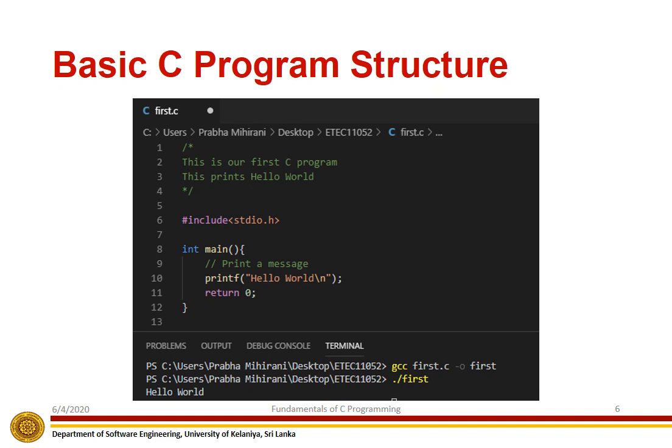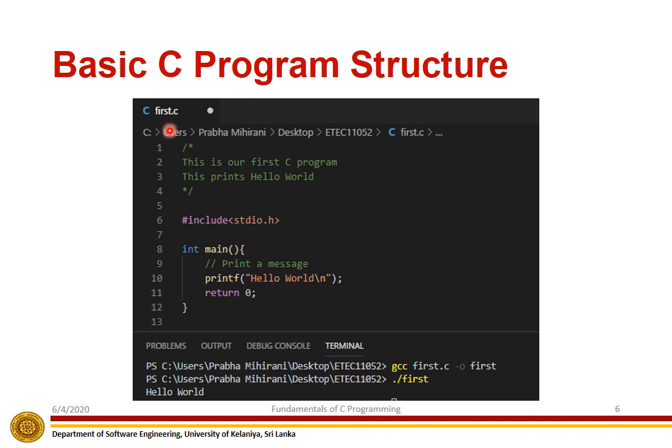Now we will see the basic structure of a C program. Hello world. This is the program to print hello world. Before going through the code structure, you can see I have saved the file as first.c.